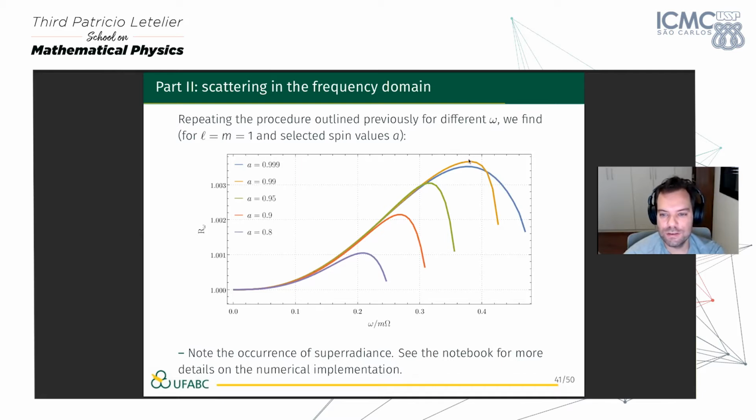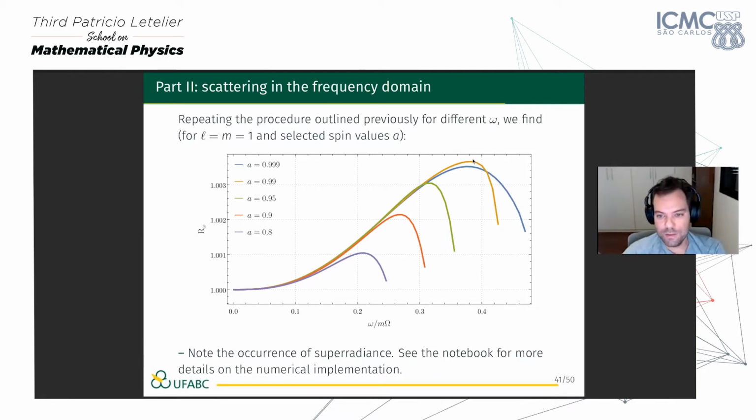They increase and reach a maximum, they get this peak, but then the peak starts decreasing if you keep increasing A. So the maximum here is for A 0.99, but you can do a more detailed calculation, and I think it's 0.98 something. I don't recall the correct number where you get the highest amplification.